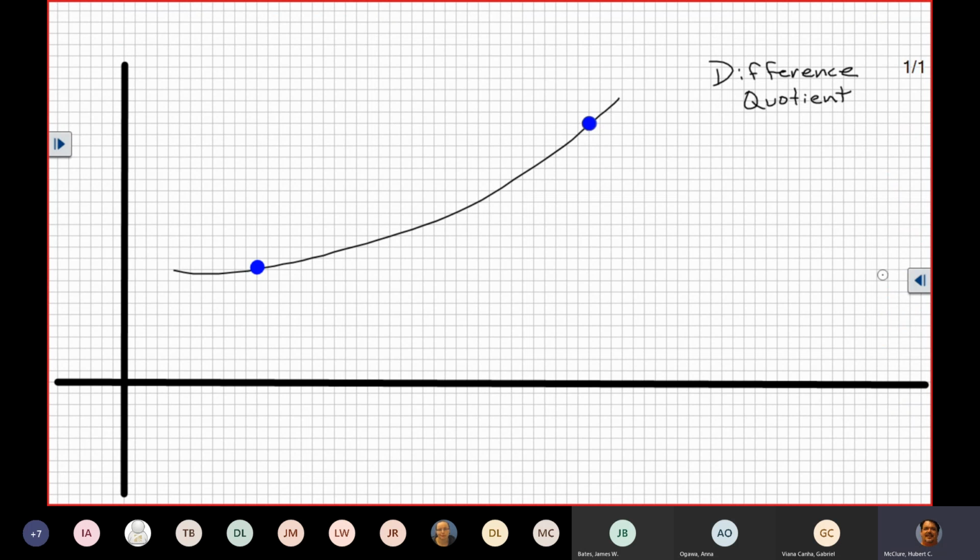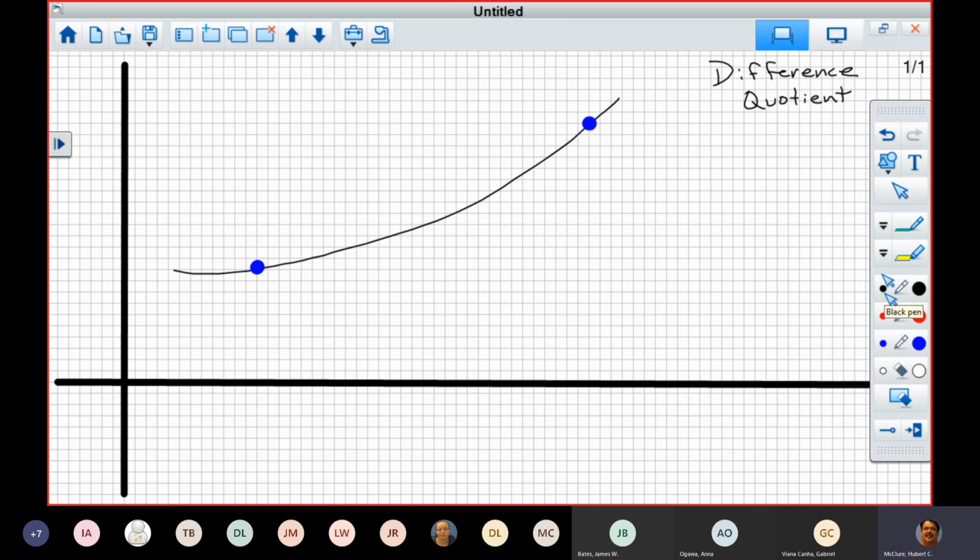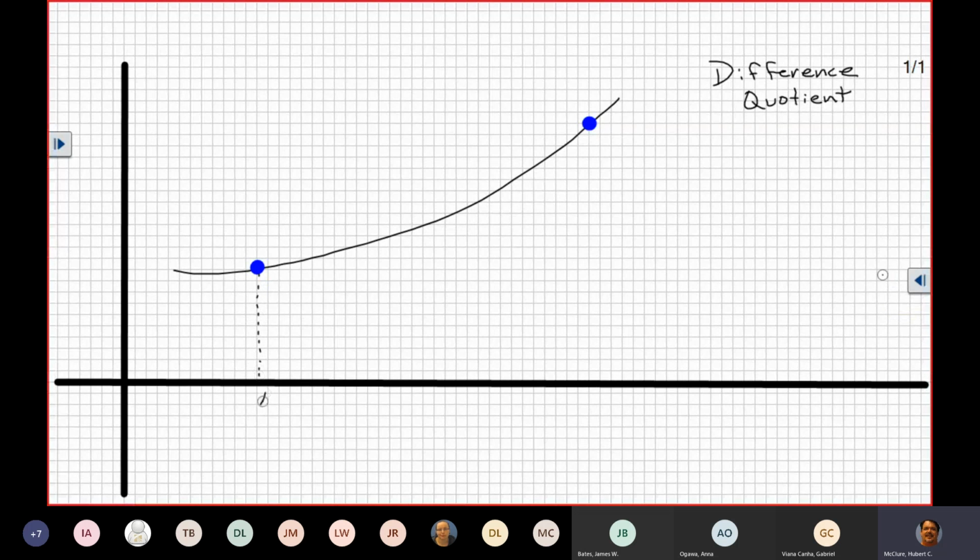Now, that first point, since we read from left to right, has a coordinate of x and f of x. Now give me a raise of hands of everybody that understands that first coordinate, x and f of x. Everybody good? All right, we got 3 or 4 of y'all paying attention. All right, good.